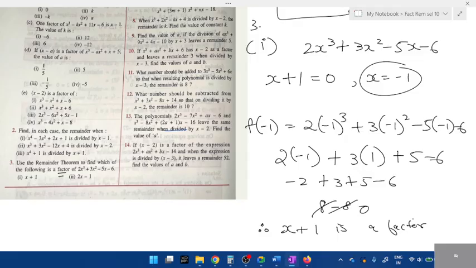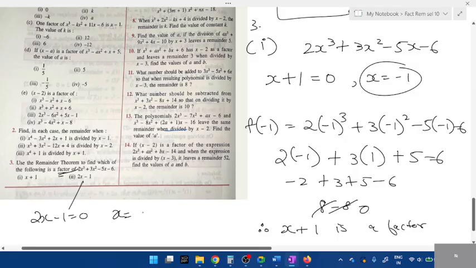Third main second one. Take the same question. 2x minus 1 is equal to 0. What is the x value? Respond. What is the x value? Substitute 1 by 2.